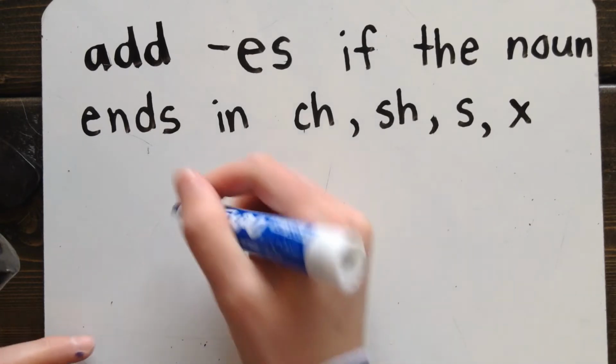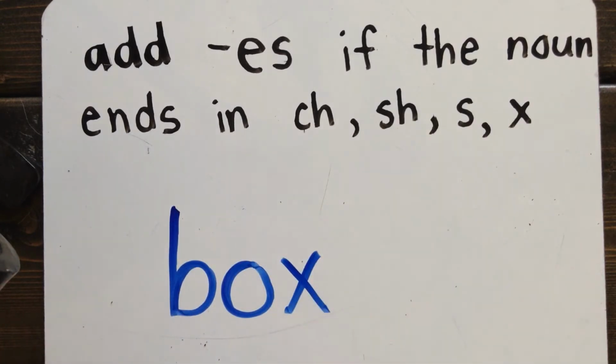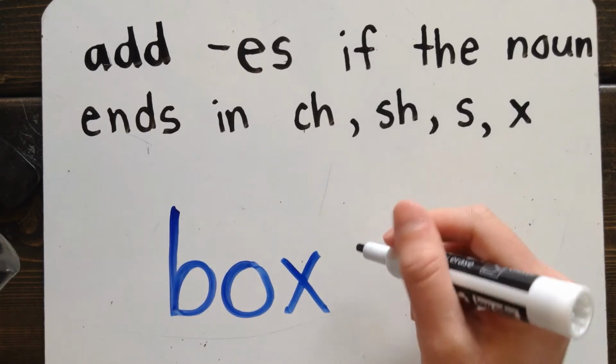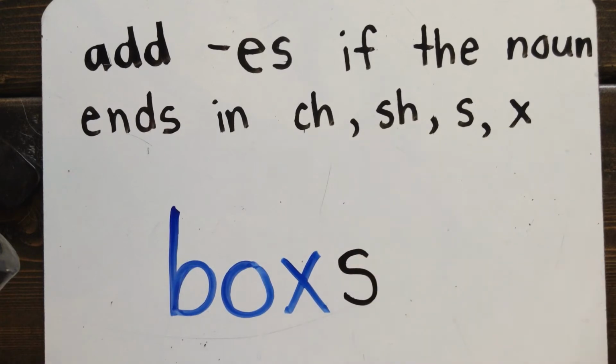Let's look at this word. Box. When you see this word box, you understand you are talking about just one box. Now, if you're talking about many boxes and you try and follow the rule we just did a moment ago, and you add only an s on the end, let's see if that word sounds right. Boxes. I have many boxes. It didn't sound right. Let me say the sentence to myself.